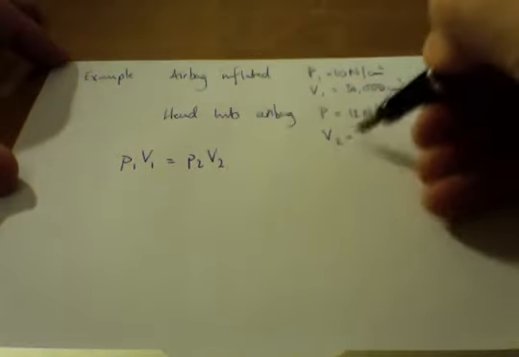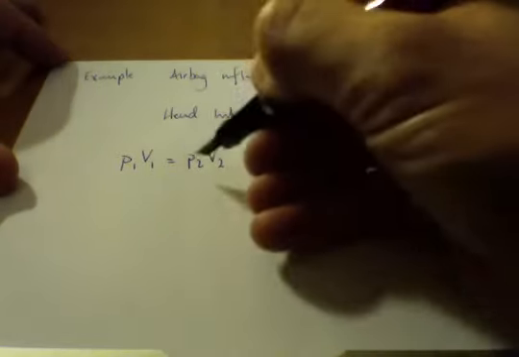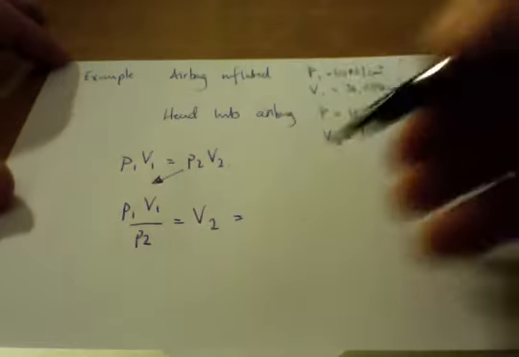Okay, let's write down our relationship again. Now what we're looking for is V2. So in order to get V2, I divide through by P2 on both sides. Okay, let's add in the values.